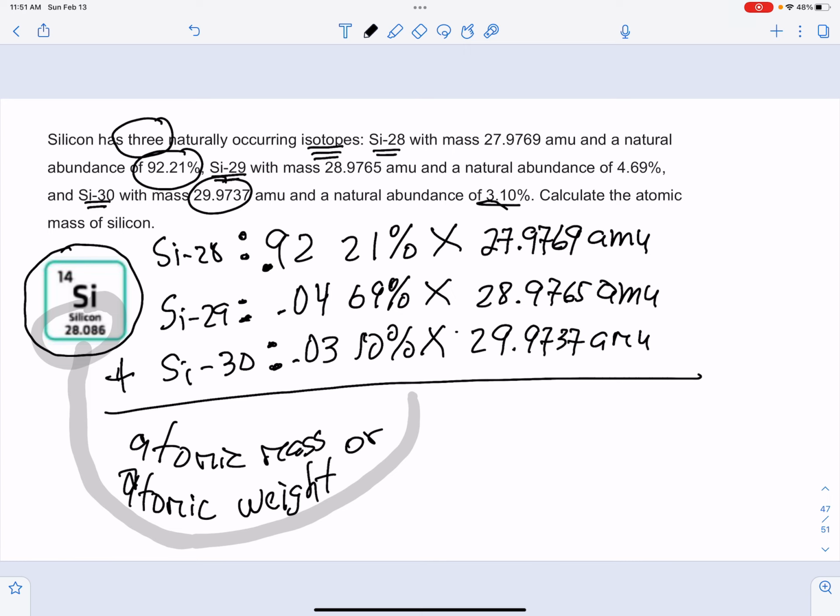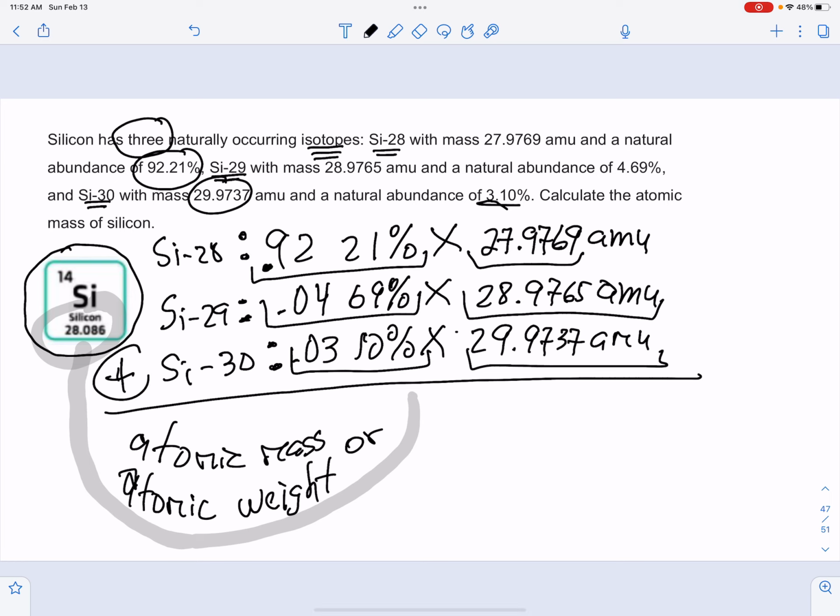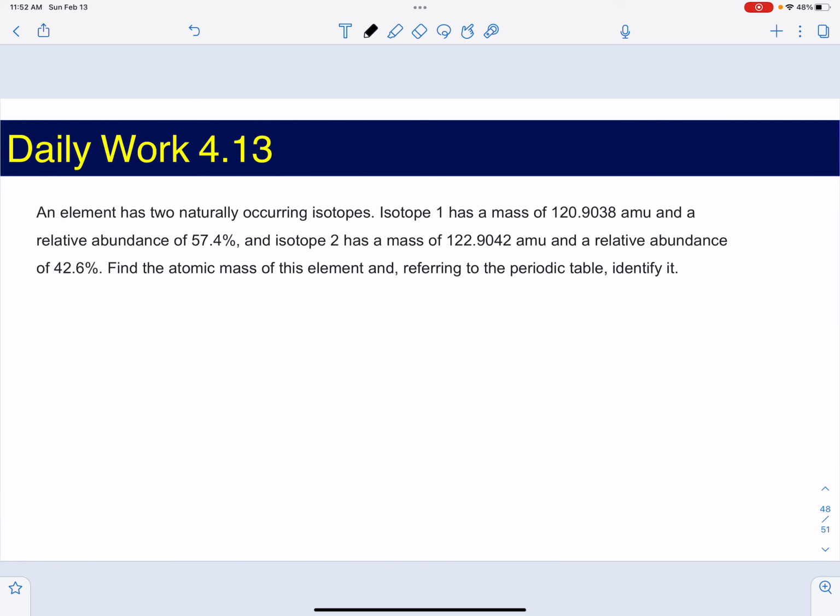So that's how you get a number like that. Convert the percentage to a decimal, multiply by the mass of the isotope, take the other isotopic percentages and multiply by their respective masses, and then just add it all together at the end, and that should give you the number that you see on the periodic table. So make sure you review that here and in the tutorial videos and work on that problem.